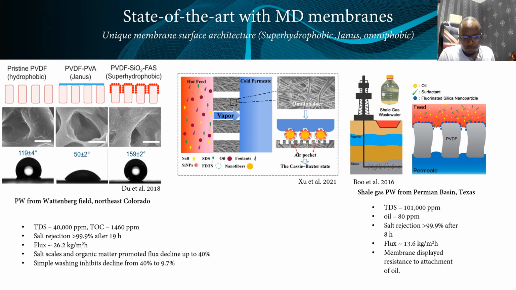This surface architecture provides a hydration layer at the top that absorbs water and repels the oils and the surfactants in the produced water.